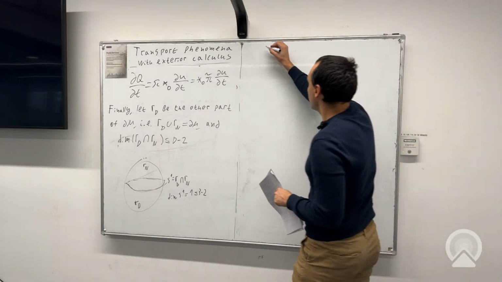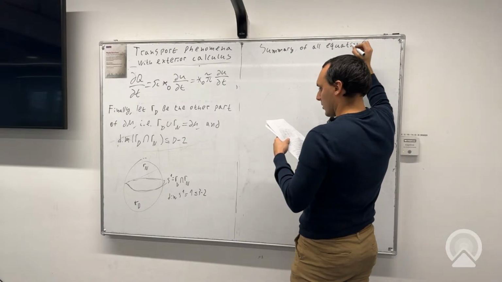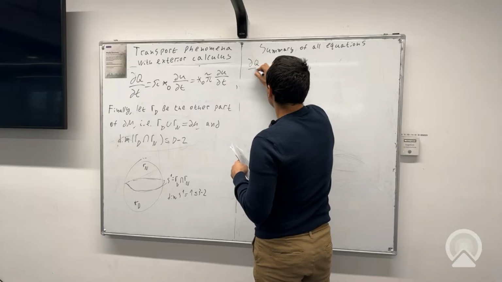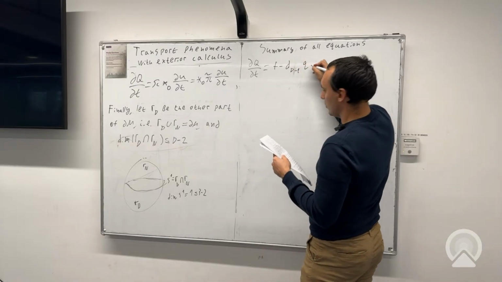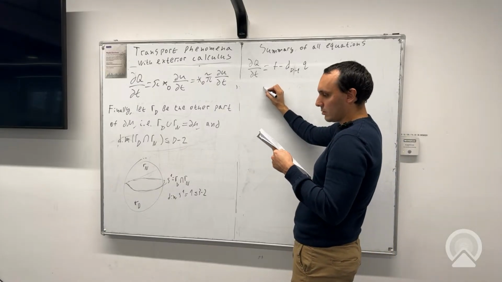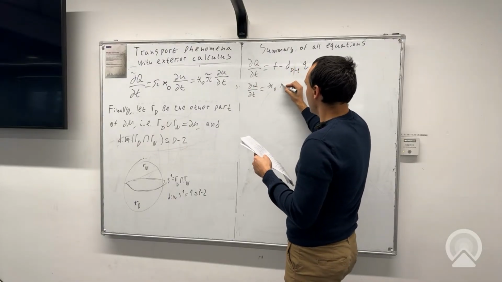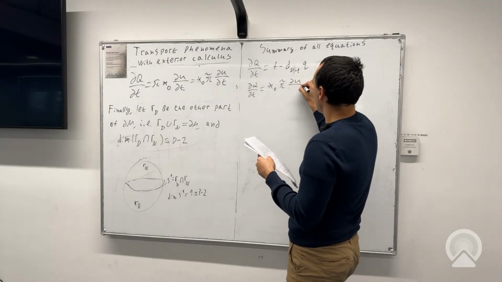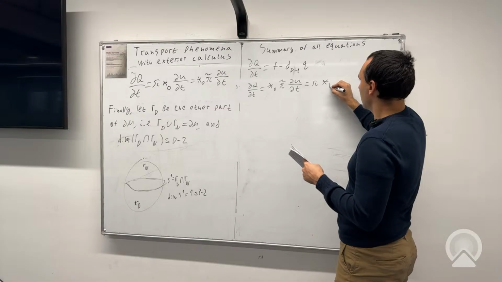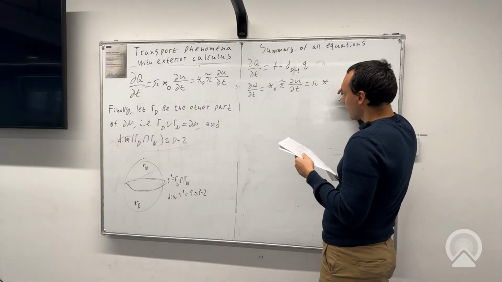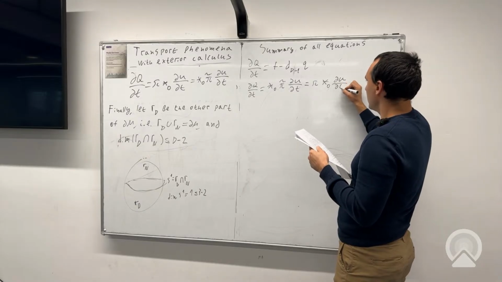So the summary of our equations. dq dt is f minus d minus 1 q, and this is also dq dt is also star 0 p tilde du dt, and p star 0 star d, this is p star 0 du dt.